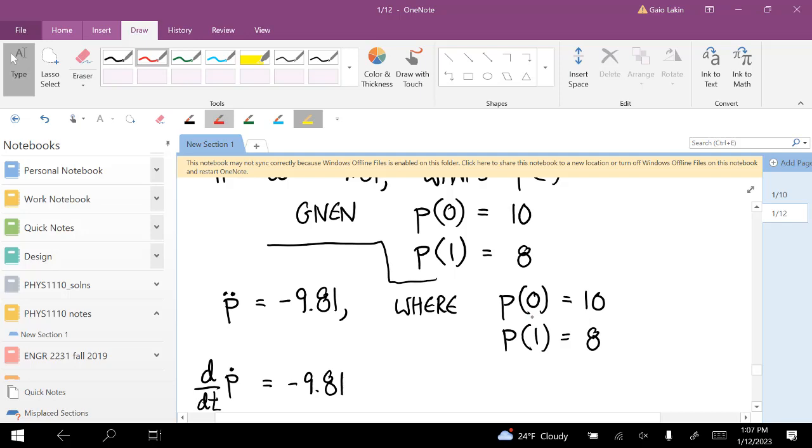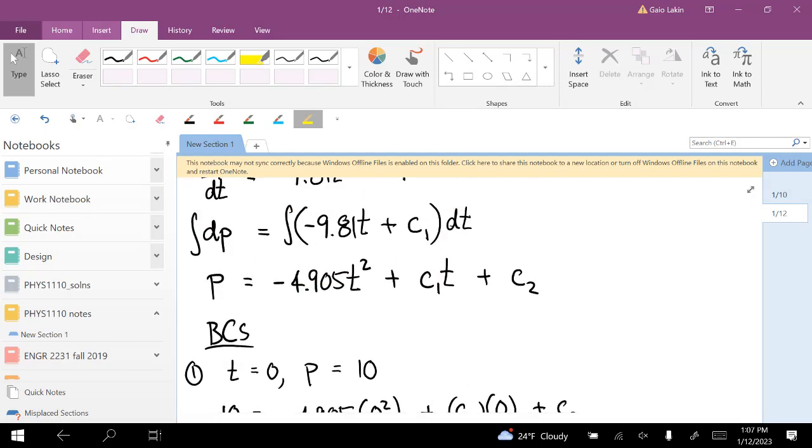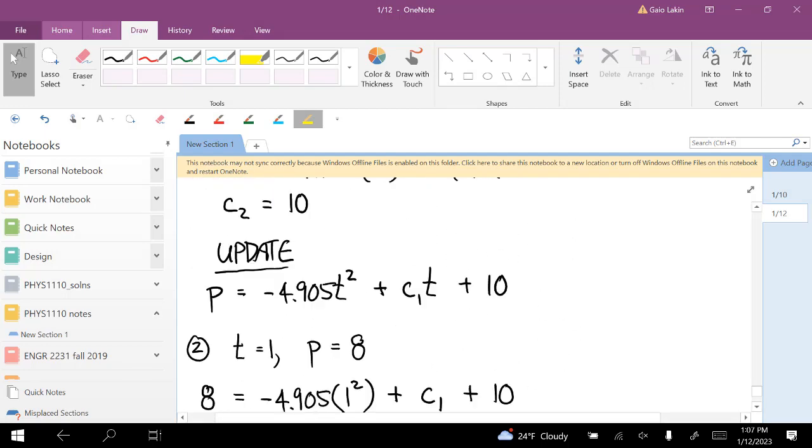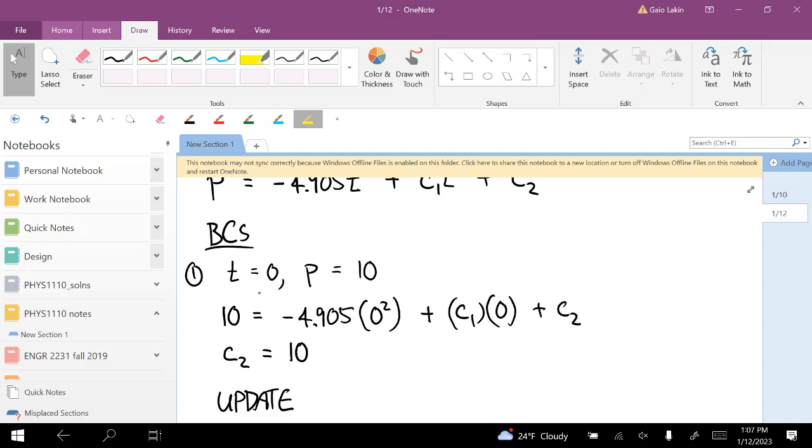Because I had a time equals 0, it made this C1 term go away. And that let us just solve for C2 directly. And then we could solve for C1 directly.